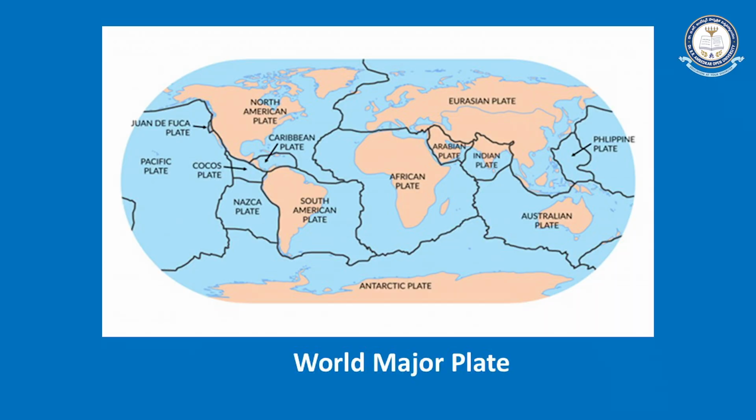As we know, the earth's surface was a single Pangea. Around 200 million years ago, the earth was a single landmass called Pangea, and this Pangea started cracking because of geochemical disturbances.